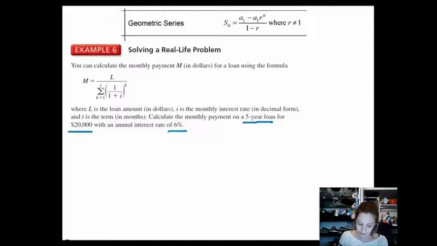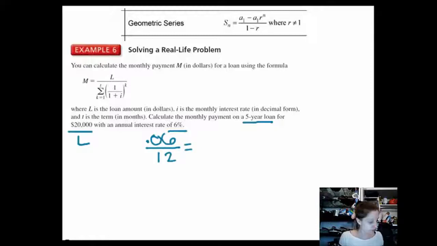Okay. So L is the loan amount in dollars. That is 20,000. I is the monthly interest rate in decimal form. Well, this is the annual interest rate. Let me make it a decimal, 0.06. And then if I want the monthly interest rate, I divide the annual by 12.